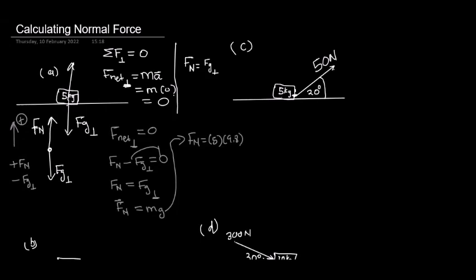You can also include cos of the angle theta, but on a horizontal surface theta is 0, so this will be cos of 0 degrees, and you should get 49 newtons. And obviously because it's the normal force, it's perpendicular to the surface.